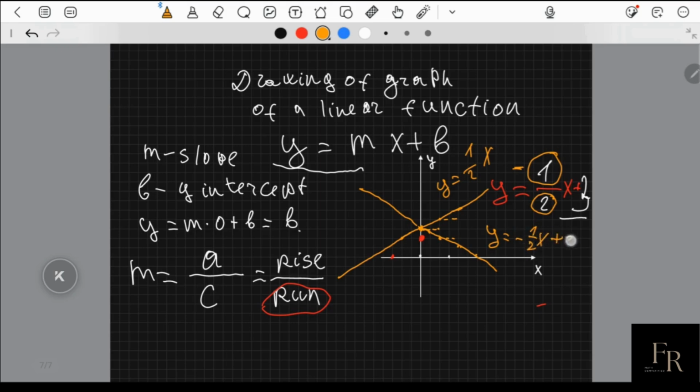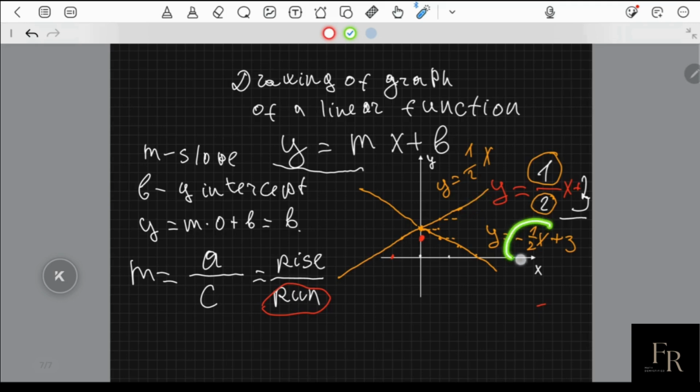slope function. So as you understand, if it is positive, then, okay, let me erase this. If it is positive, then if x increases, y increases.